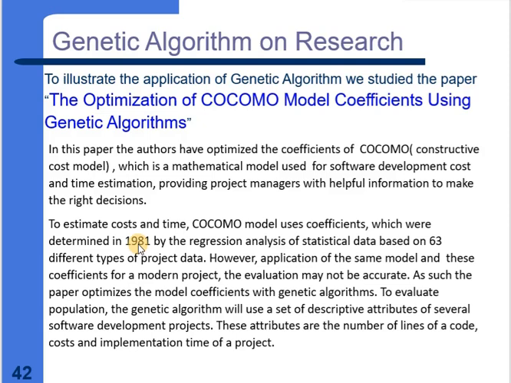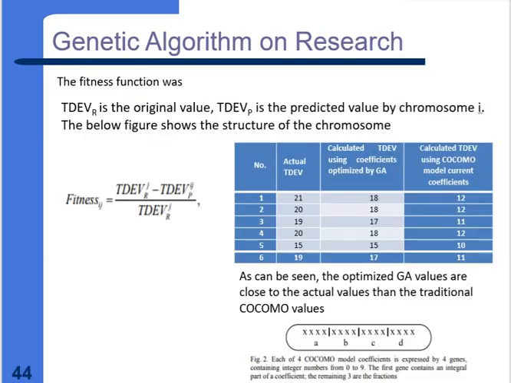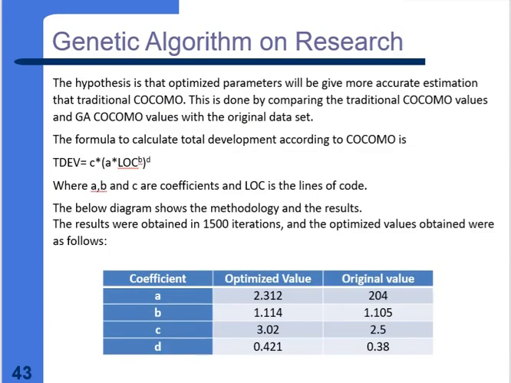That is why in this paper they tried to optimize the coefficients, because as you can see, the equation of the constructive cost model is dependent on certain parameters which are dynamic.